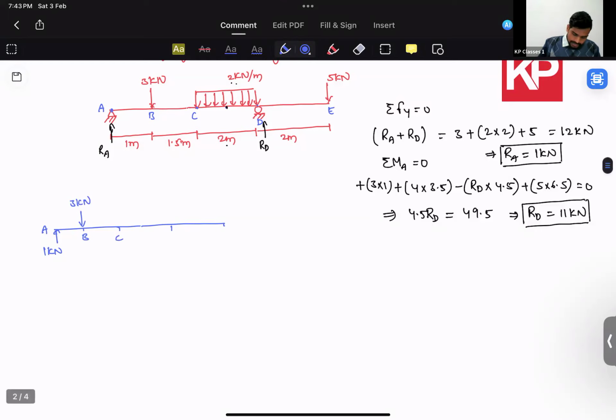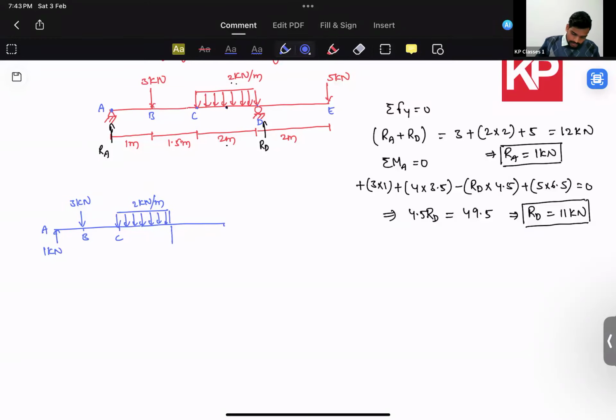Then you have point C, and this is point D, between which you have a UDL of 2 kilonewton per meter acting on the span. That's a 2 meter span, and then there is an upward reaction at this point D as well.